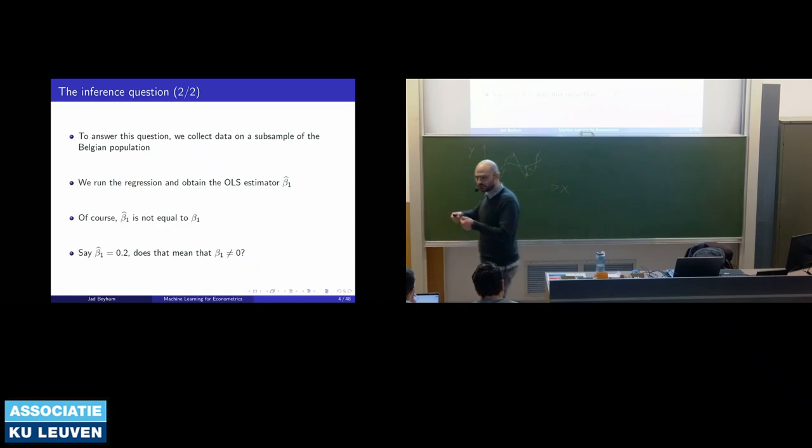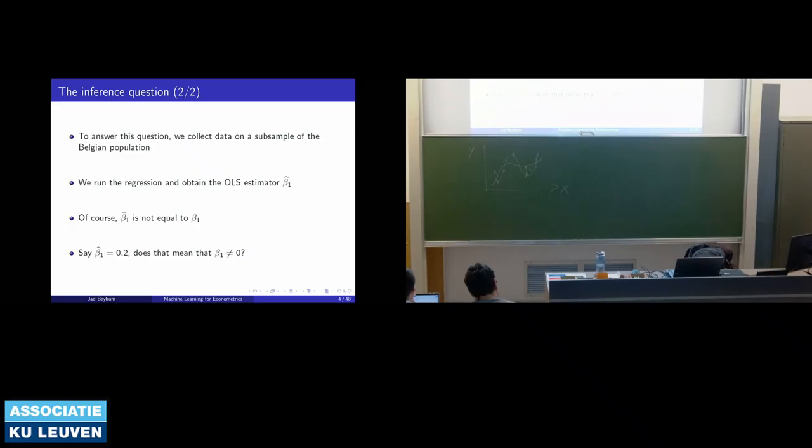Beta 1 will be what you get if you run the regression on all the Belgian population. Here you only observe 1,000 Belgians. So beta 1 hat is not exactly beta 1, right? It's the same if you want to estimate the average wage in Belgium: you're not going to get the same result if you just average over 1,000 randomly selected Belgians and all the Belgians.